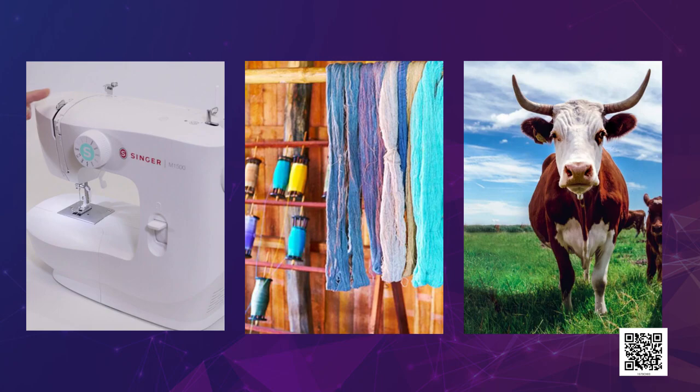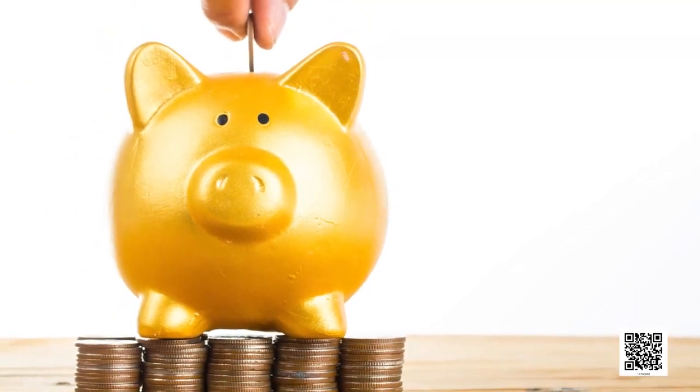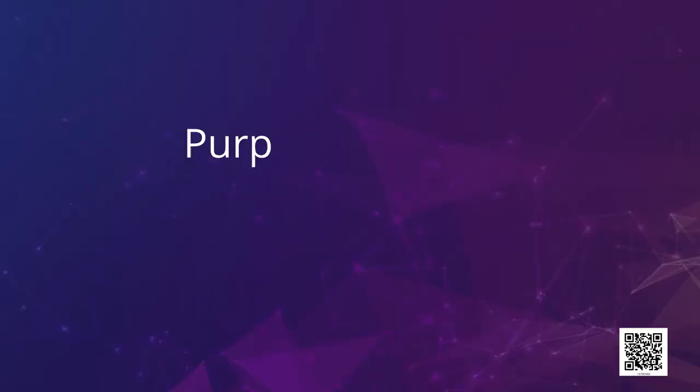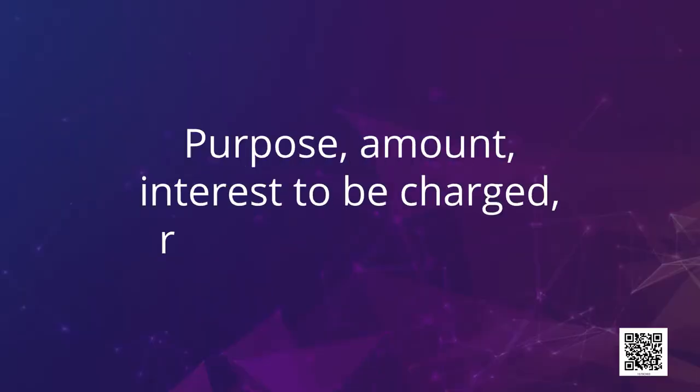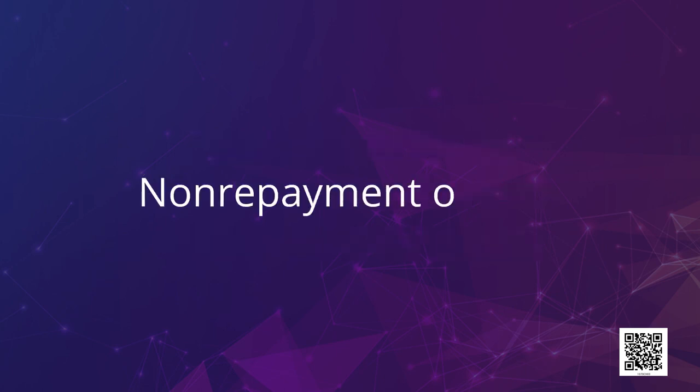Most of the important decisions regarding the saving and loan activities are taken by the group members. The group decides as regards the loan to be granted, the purpose, amount, interest to be charged, repayment schedule. It is also the group which is responsible for the repayment of the loan.